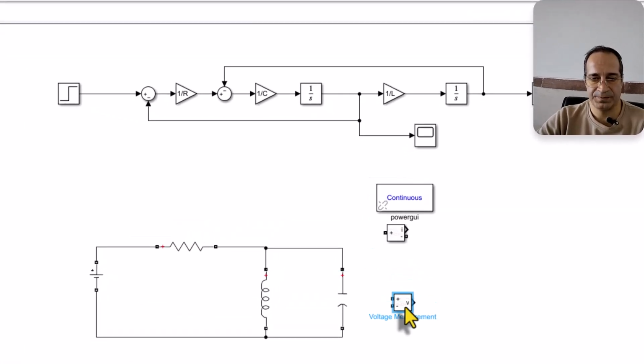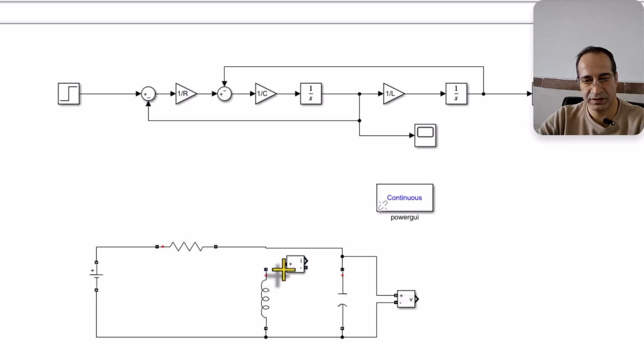That's all. Connect this plus and minus sign to the capacitor, and then the current of this, let's clear.